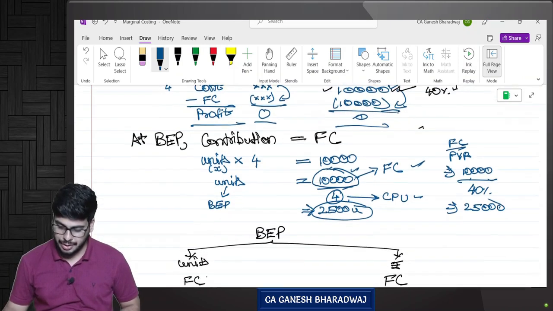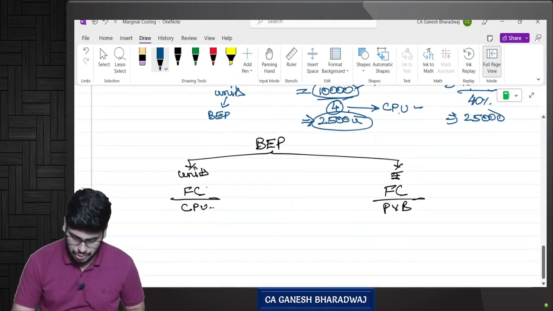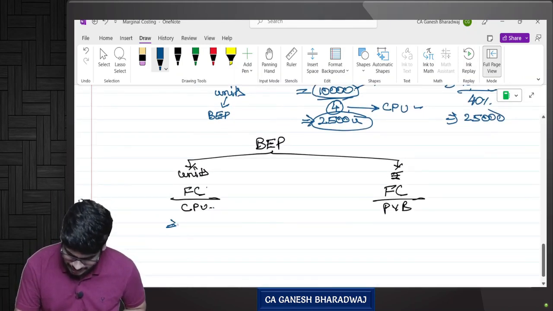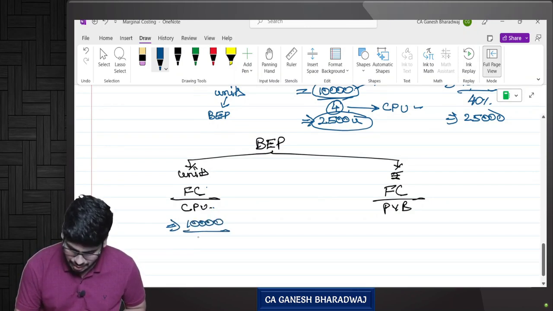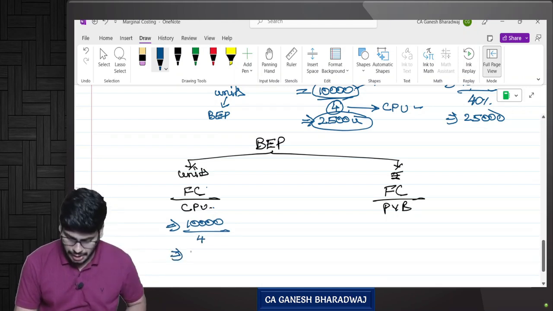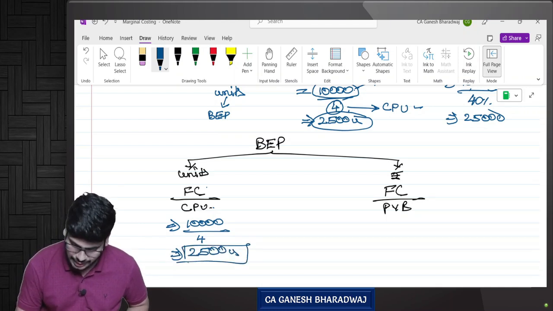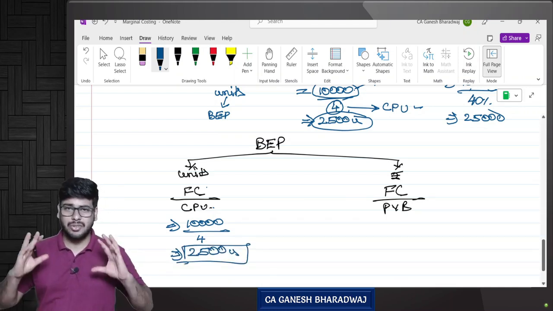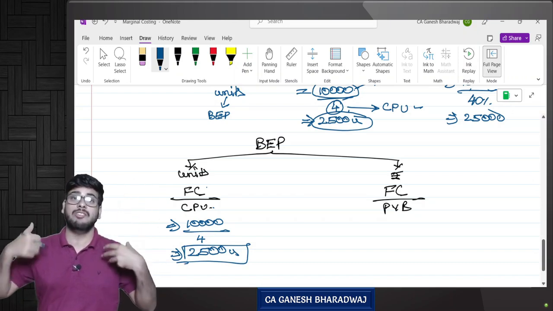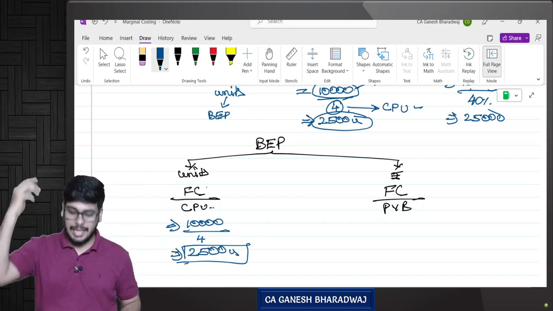Are you clear with this? Let me just do this here once again. In this case, fixed cost is 10,000 divided by contribution per unit 4. So how much is the break-even point in units? In units, it's going to be 2,500 units. Correct or not? Yes. Now, sir, I want to calculate the break-even point directly in value.